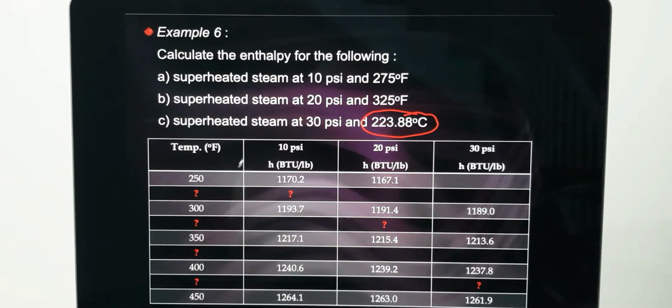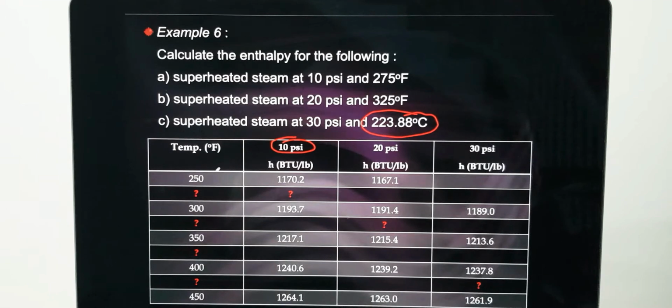Alright, at the bottom, in this table, I have extracted all the values from the superheated steam table. You can refer to these values from the superheated steam table. So the first one, 10 psi. Look for the column of 10 psi first, and then the value of 275 degrees Fahrenheit.